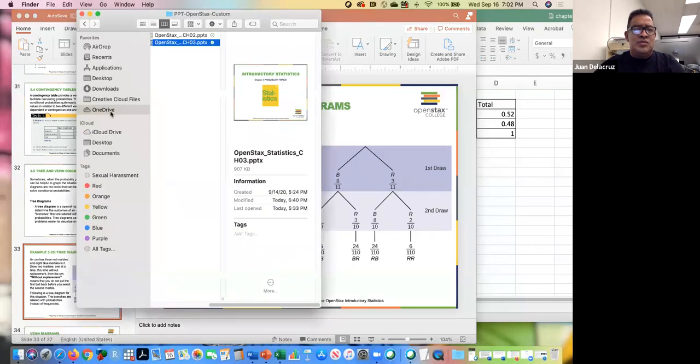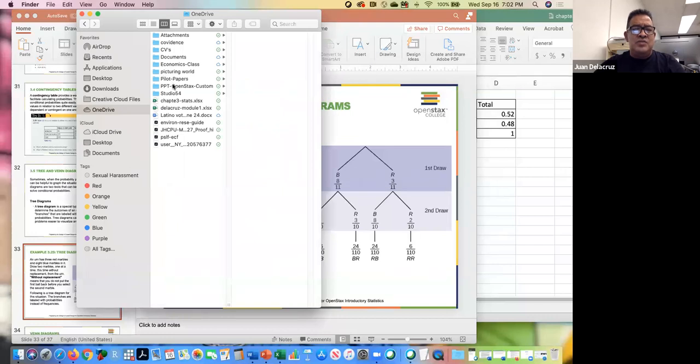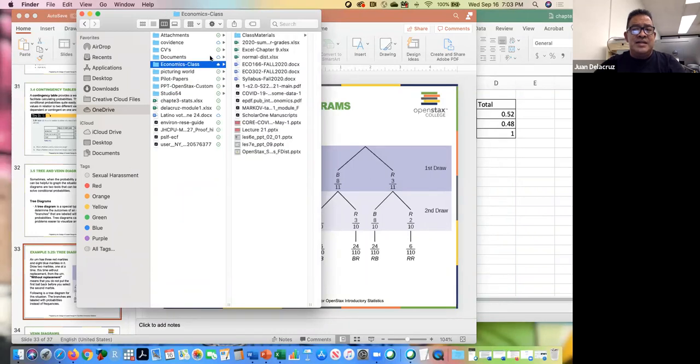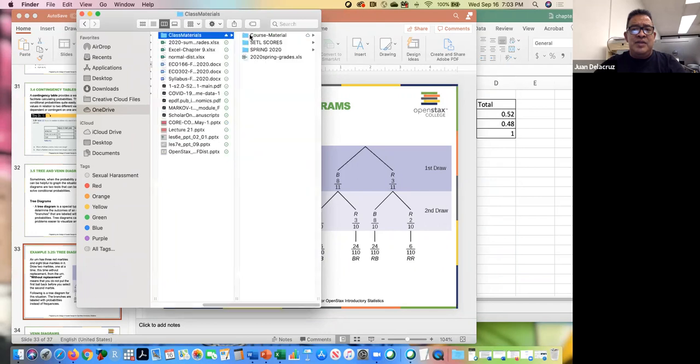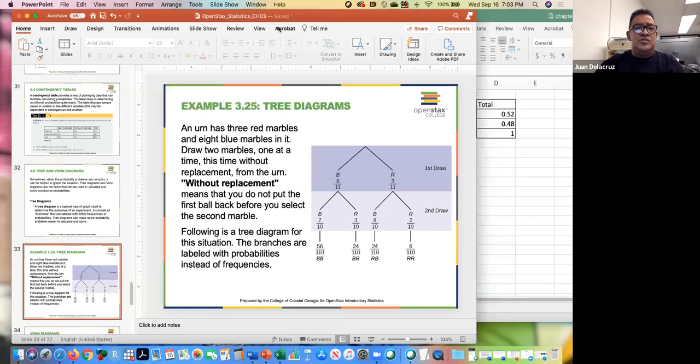I think there was also another nice, very easy way to do it. I have another example of tree diagrams that are less complicated and more helpful, I guess. Hold on, it should be here.